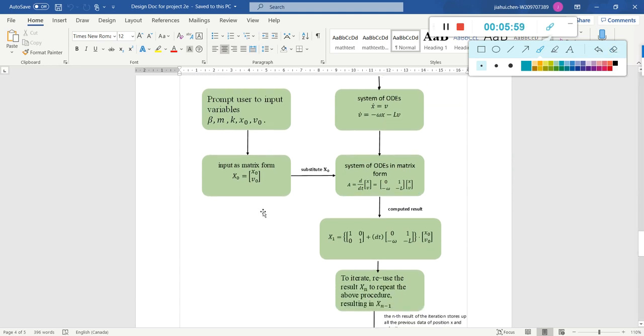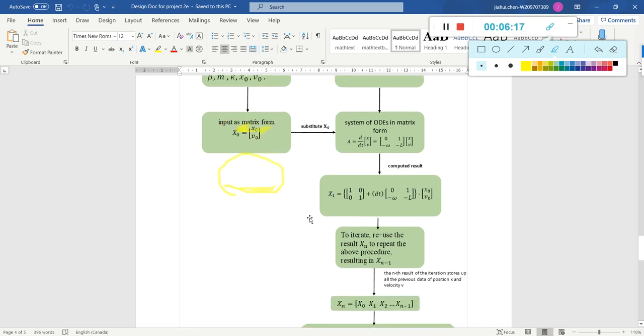And now I also need to convert the initial conditions, initial position and initial velocity, into a vector like this. And now I start the computation.